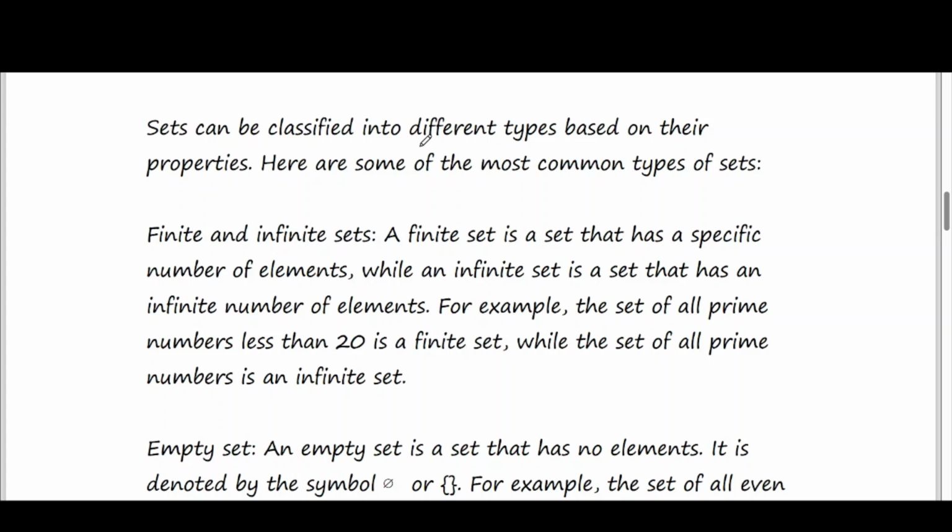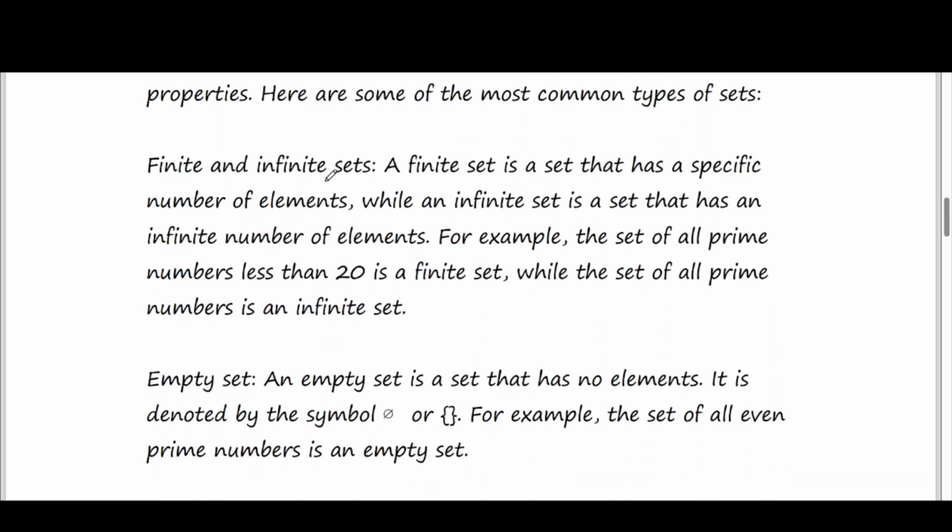Next, sets can be classified into different types based on their properties. Here are some common types of sets: finite set and infinite set. A finite set is a set which has a specific number of elements, while an infinite set has an infinite number of elements.